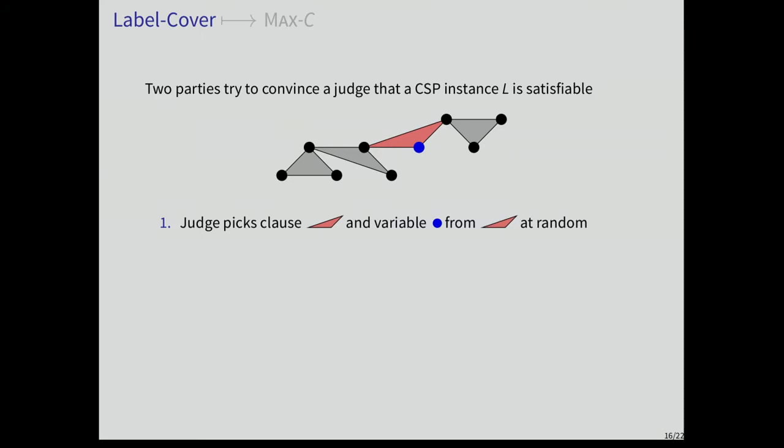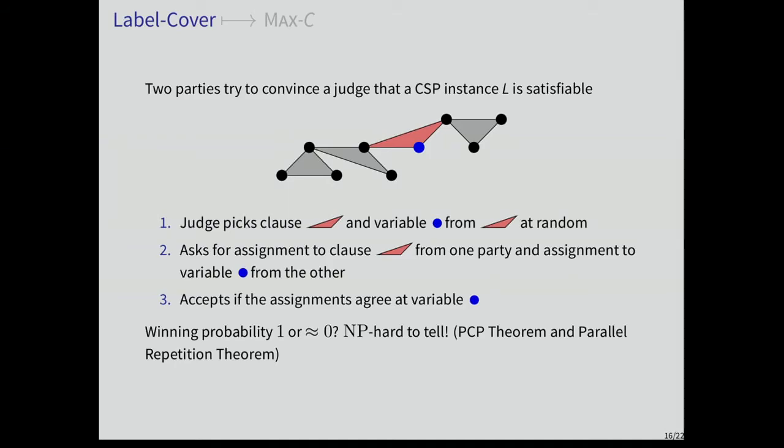The player's replies also will not be Boolean. And in this game, the label cover game, the judge wants to know whether this instance is satisfiable. So the judge picks a clause, say this red clause, at random, and then a variable from the clause, say this blue variable, and asks for assignments from the 2 parties.